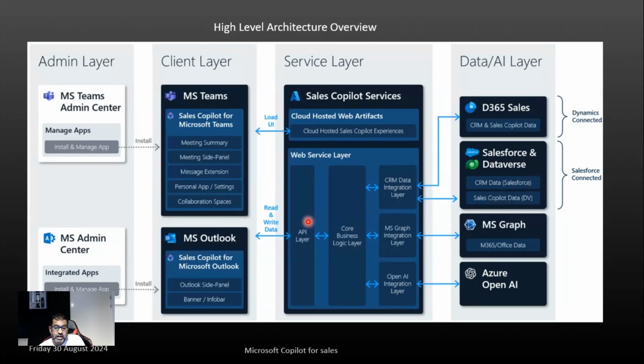And also one important thing I need to say is the service layer gets all this information from the data and AI layer, and OpenAI processes all this information in real time. It doesn't process any information in the backend or in the background. Every piece of information is triggered only based on an event.